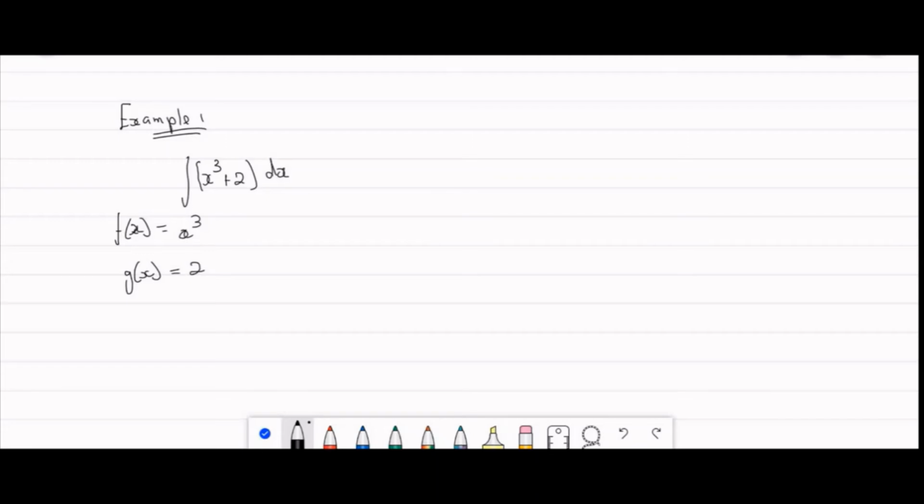Since we have chosen our f(x) and g(x), we can apply the rule that says if I have an integral of two functions, f(x) plus g(x), we can give each function its integral sign, plus the integral of g(x).